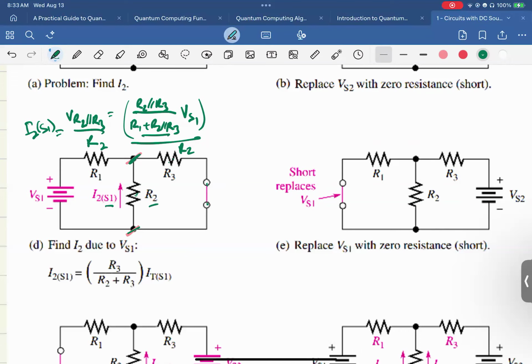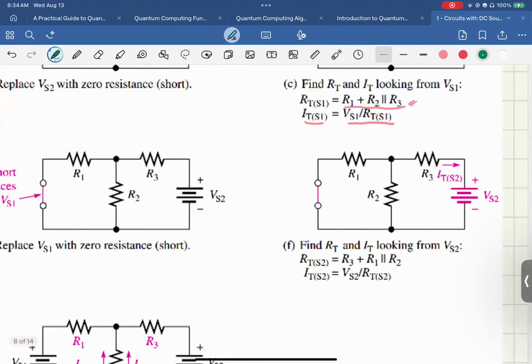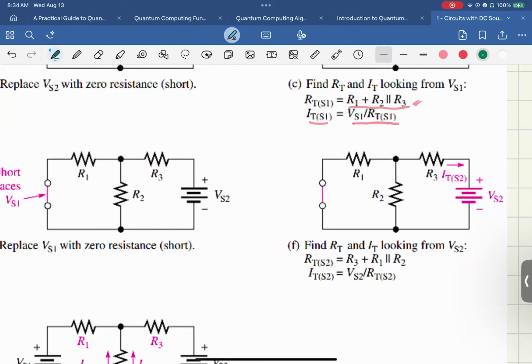Okay? Now, it's easy to show na pareho lang tong dalawa na to. Okay? Sige. Dahil sinabi kong easy, panindigan natin, di ba? So, ang total current, remember, is VS1 over RT S1.